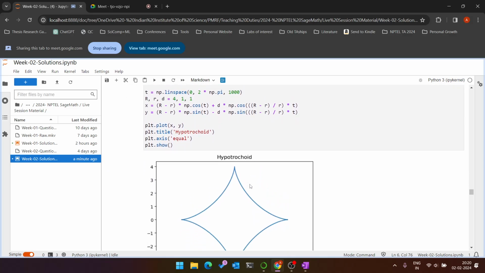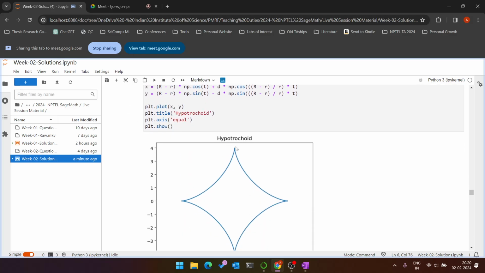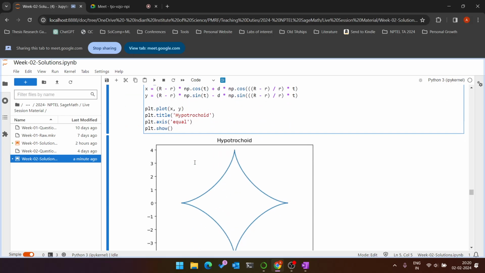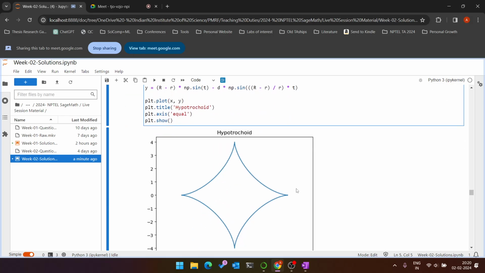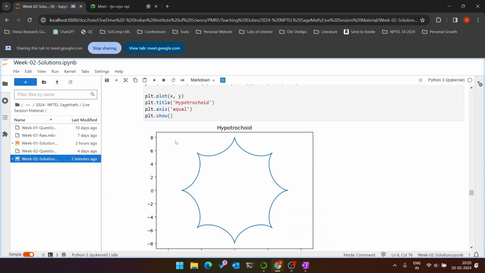So, within a circle, you have another smaller circle, and you're trying to see how one point moves about. I have a bigger circle of radius R, I have a smaller circle of radius 1, and I'm trying to see how one particular point moves about inside as the smaller circle rolls inside the perimeter of the other circle. Suppose I change this to 8. My inner circle should complete 8 cycles, which is what I'm seeing.